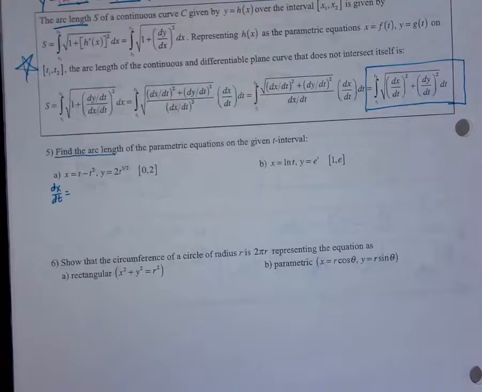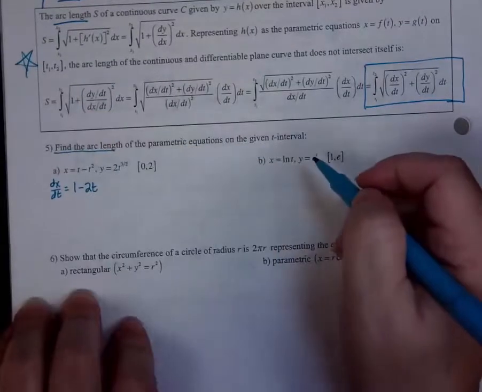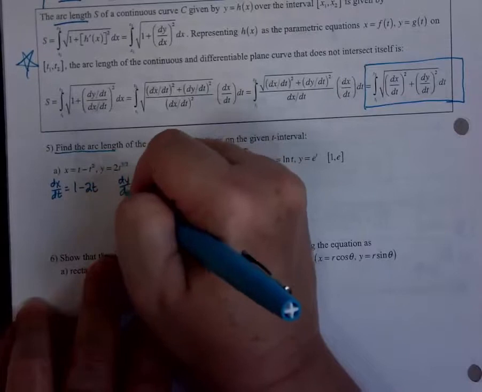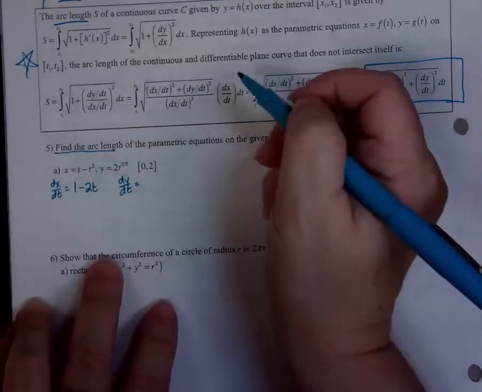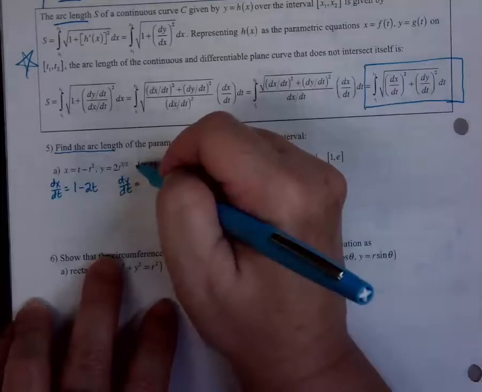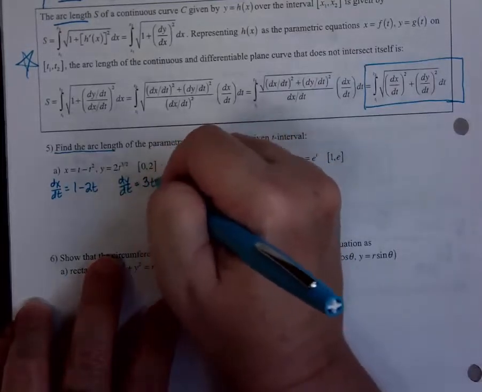Very simple. 1 minus, careful, what's the derivative of t squared? 2t. So this is just 1 minus 2t. Agreed? And then dy dt is equal to, power rule, 3t to the 1/2 power.